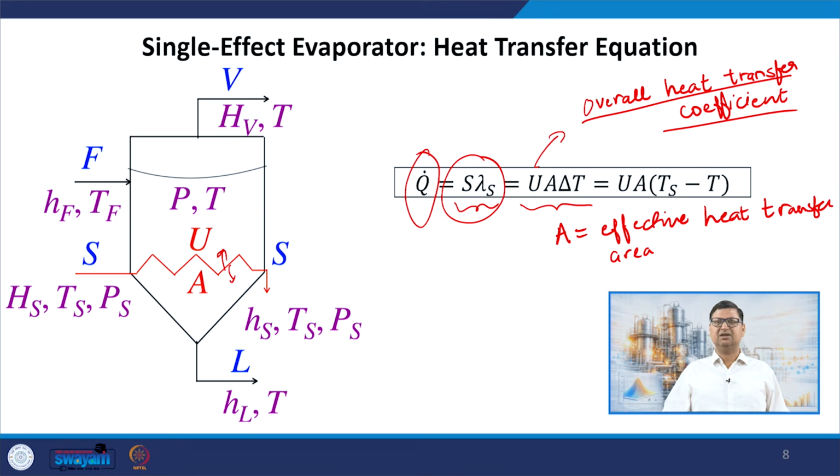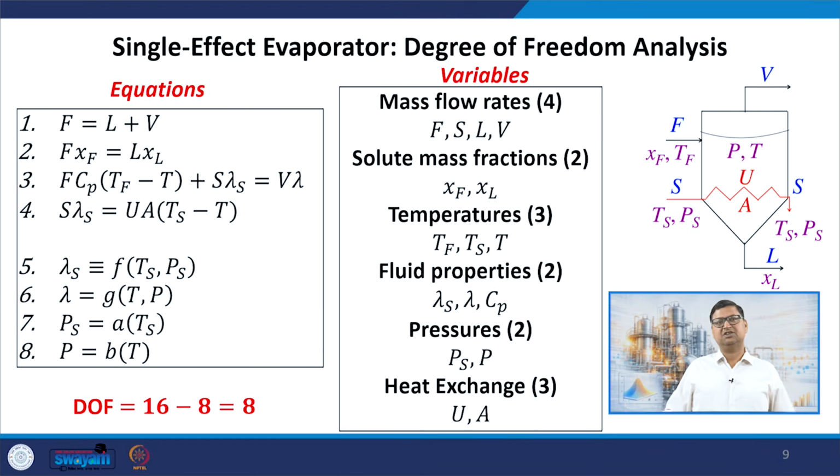So, this is a more general heat transfer equation that may also account for losses, provided that we have experimental data to support it. This delta T, the temperature difference between the steam tube and the liquid outside, is given as Ts minus T.